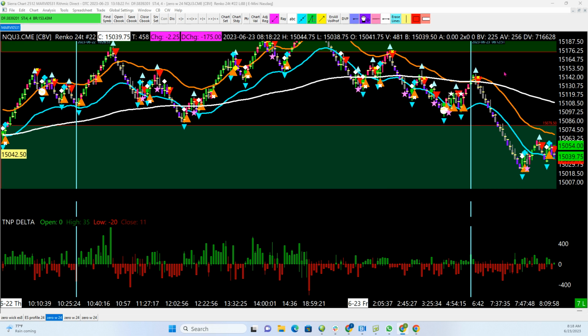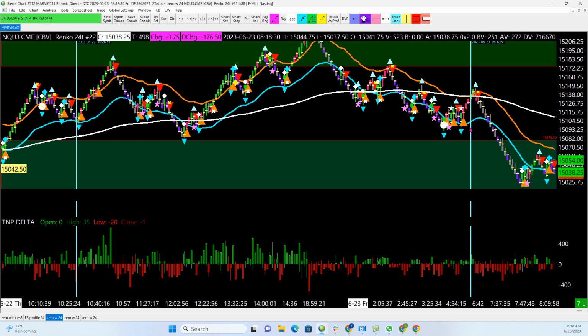Okay. Now I want to show y'all something on the 24. There are some people in the room, not naming names, who have difficulty when the market starts doing this right here, they just keep buying all the way down. There is a solution for this.